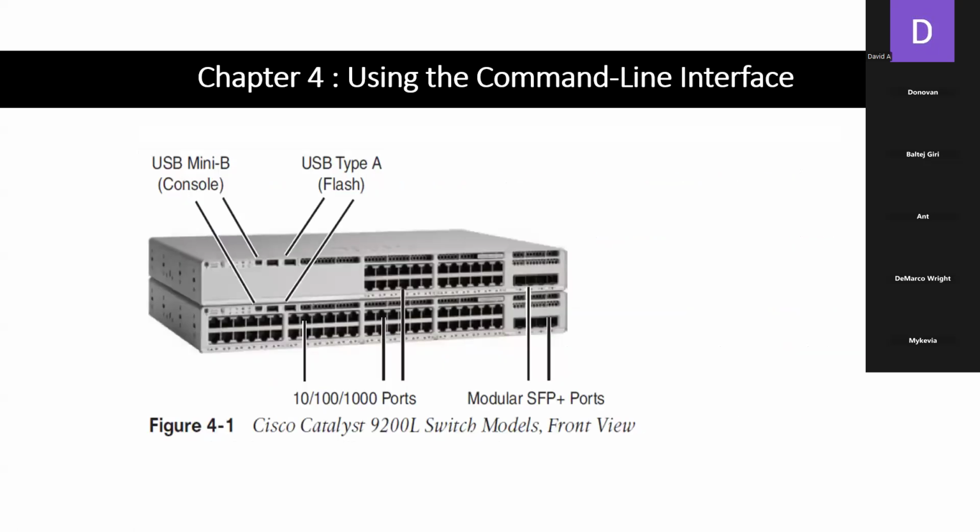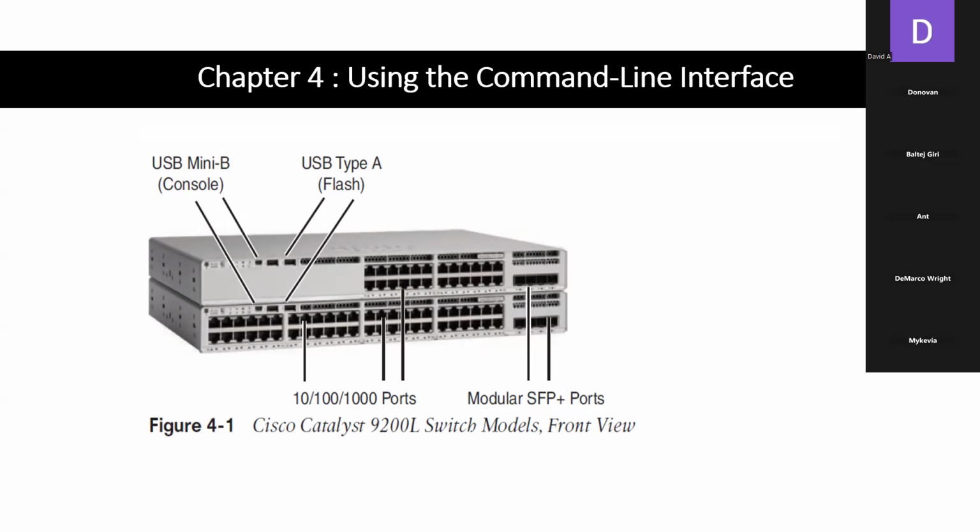All right, so let's go ahead and jump in. This, of course, is a Cat switch. This is the 9200L to be more specific. This is typically how it looks. We have our ports, depending on if you have the 24 port, 16 port, or the 48 port. You're going to have your console port.